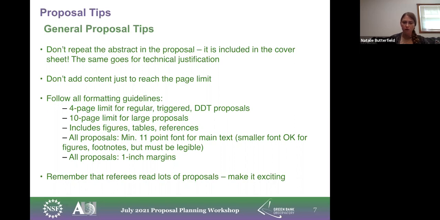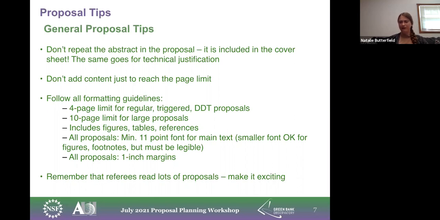Make sure that you follow all of the formatting guidelines. There is the 4-page limit for regular, triggered, or DDT proposals, and the 10-page limit for large proposals, which again are only accepted in the February deadlines. These include all figures, tables, and references that you need. They all have to be within that page limit. All proposals have a minimum of 11-point font for the main text.